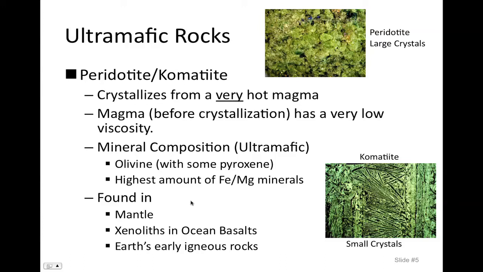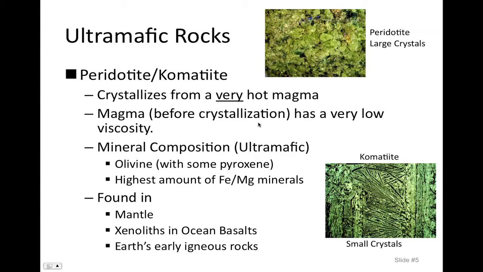So regardless of whether you're talking about peridotite or komatiite, the mineral composition is always olivine with maybe a slight amount of pyroxene in it. Some things you need to think about is that it's got the highest amount of iron of all of the rocks. We've talked about that already with Earth's composition, and if you're in Geology 100, in the minerals section of the course. And also because it's very hot, it crystallizes at very, very hot temperatures.